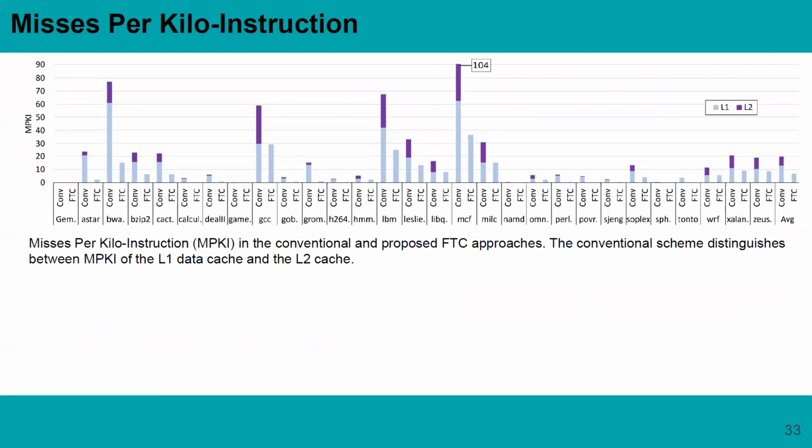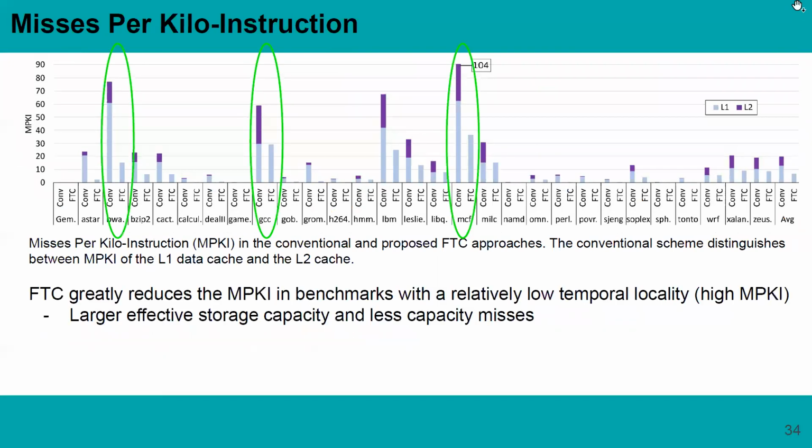These results refer to the misses per kilo instruction, or MPKI. Note that the conventional approach distinguishes between L1 and L2 misses. FTC largely reduces the MPKI in benchmarks previously identified with a relatively low temporal locality. This is a consequence of an MTC with a larger effective storage capacity and fewer capacity misses.